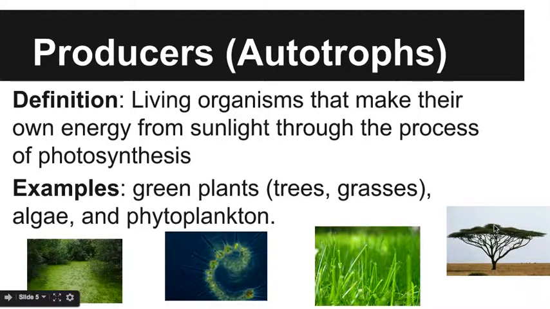So that could be trees, it could be grass, it could be algae, it could be something called phytoplankton. So it could be plants, it could be these things called phytoplankton, it could be bacteria. As long as they are taking energy from the sun and turning it into food, that is an example of a producer. Anything that can't make its own energy from the sun is not a producer.